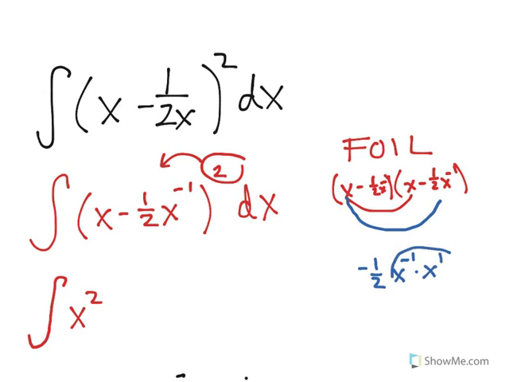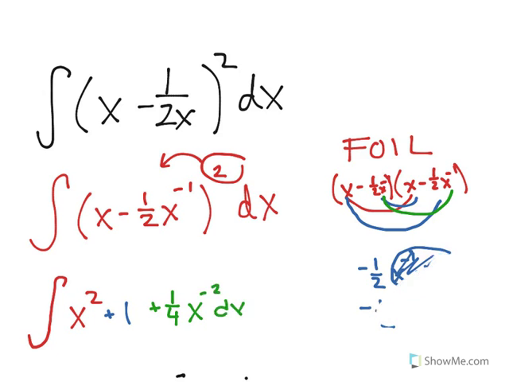Well, what happens to these two things is they cancel each other out, and the outer becomes negative 1/2, the inner also becomes negative 1/2. They combine into positive 1. And the last, when we multiply those, ends up being positive 1/4 x to the negative 1 times negative 1, which is to the negative 2 power dx.